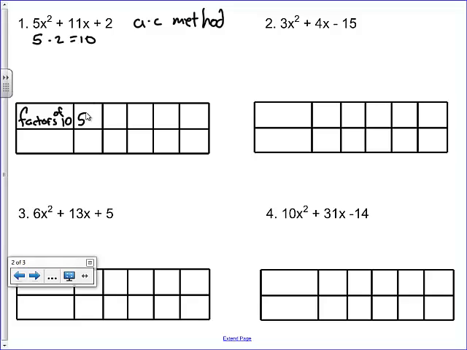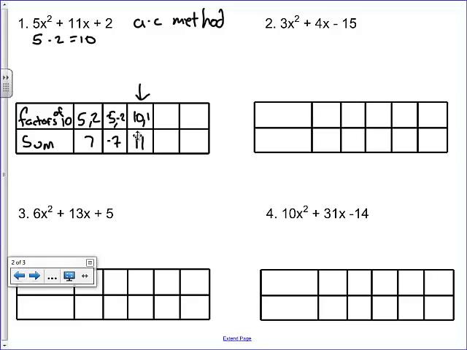We get 5 and 2, and their sum is 7, so that's not it. We could do negative 5 and negative 2, and their sum is negative 7. Well, that's not it. We could do 10 and 1, and their sum is 11. Bingo, there it is. So the factors of 10, 10 and 1, that add together to give me 11, this is where I'm getting 11 from, are right here.